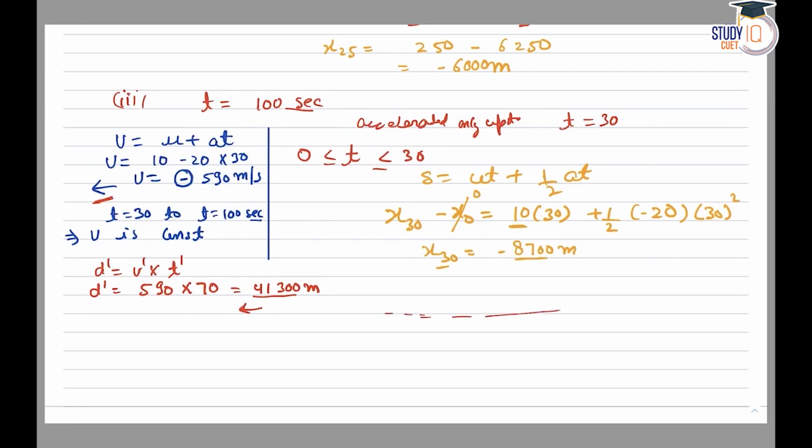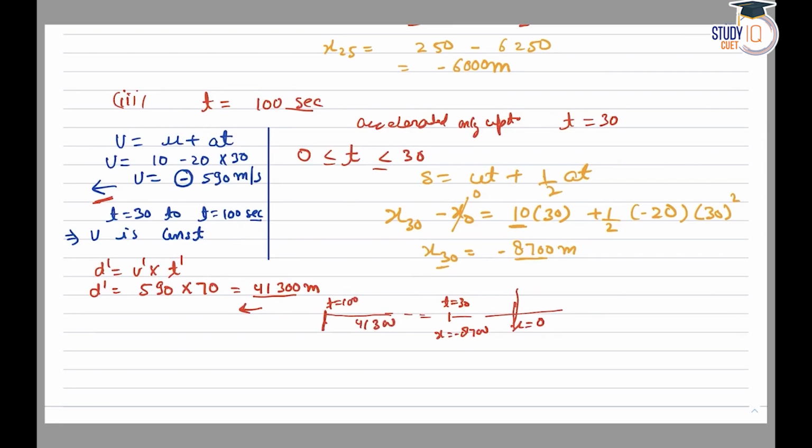Initially x is equal to 0, at t equal to 30 this coordinate was minus 8700, and finally from t equal to 30 to t equal to 100, it will cover a distance of 41,300 meter.